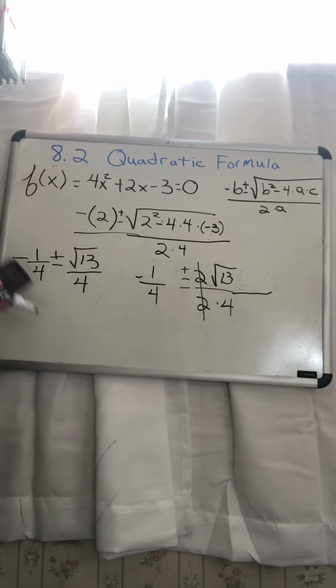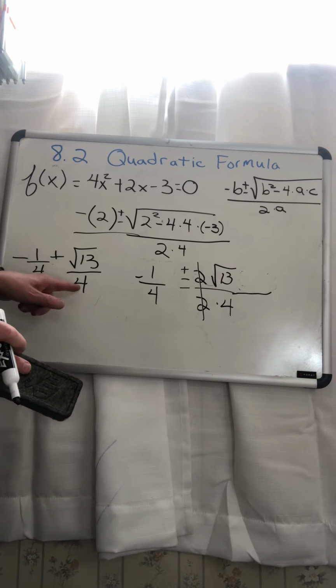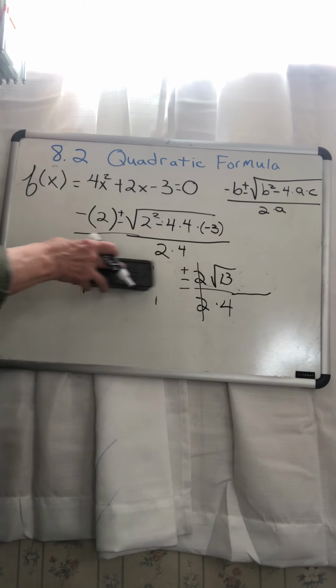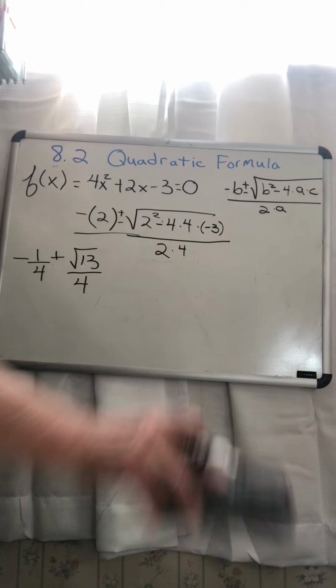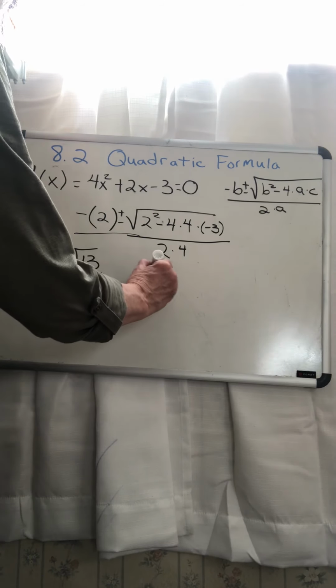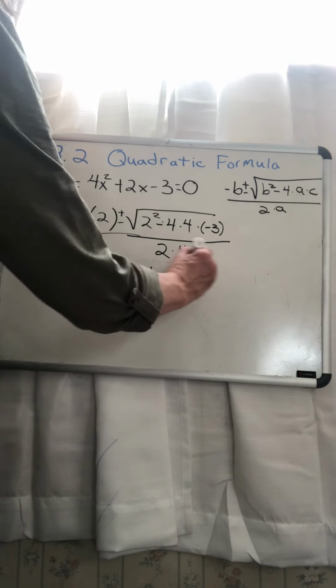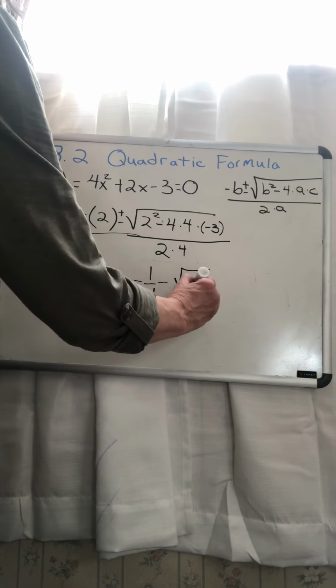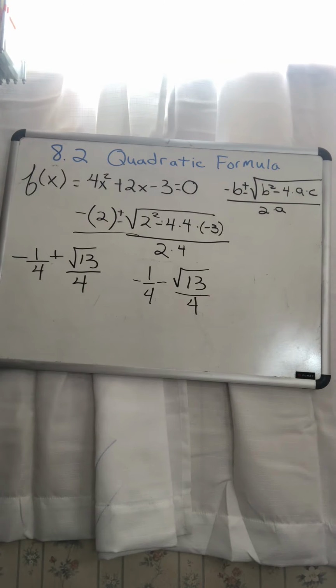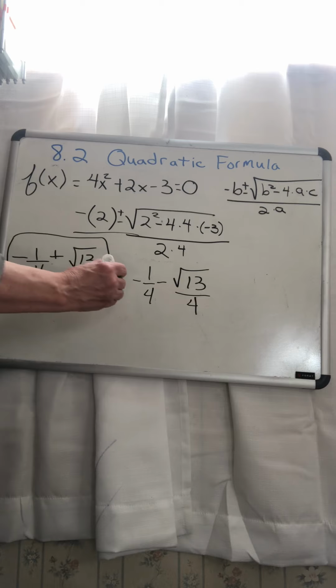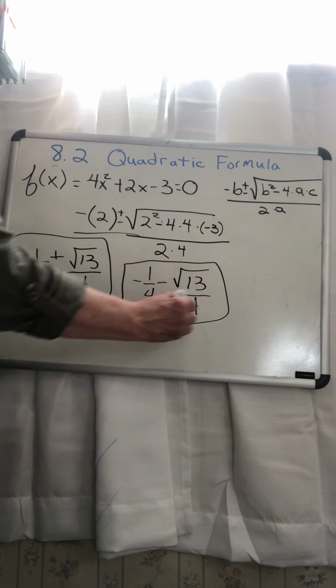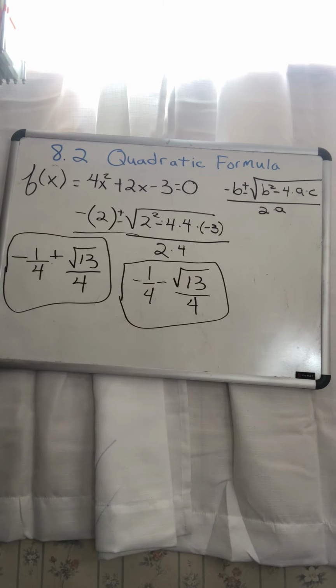We would have a negative 1/4 plus the square root of 13 over 4, or a negative 1/4 minus the square root of 13 over 4. And those are our 2 solutions. And again, I typed this one out because I knew that you might want an example to look at as I did it on the board.